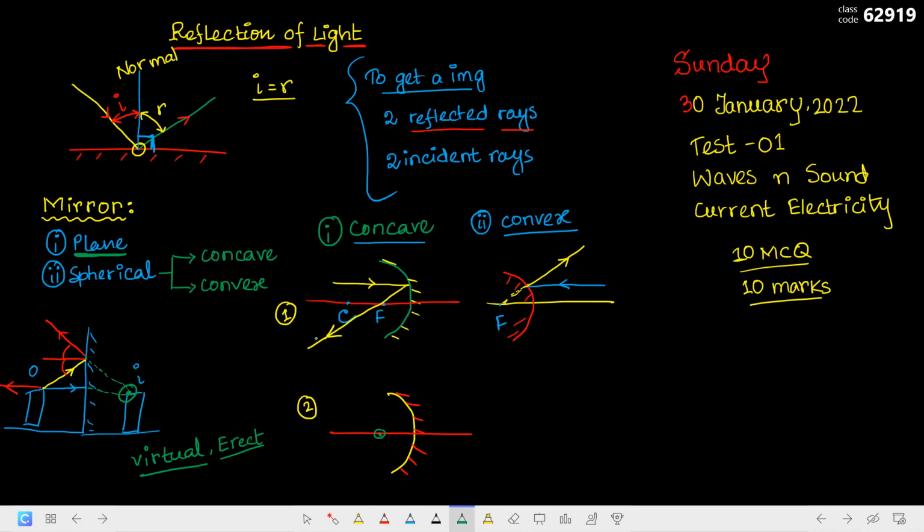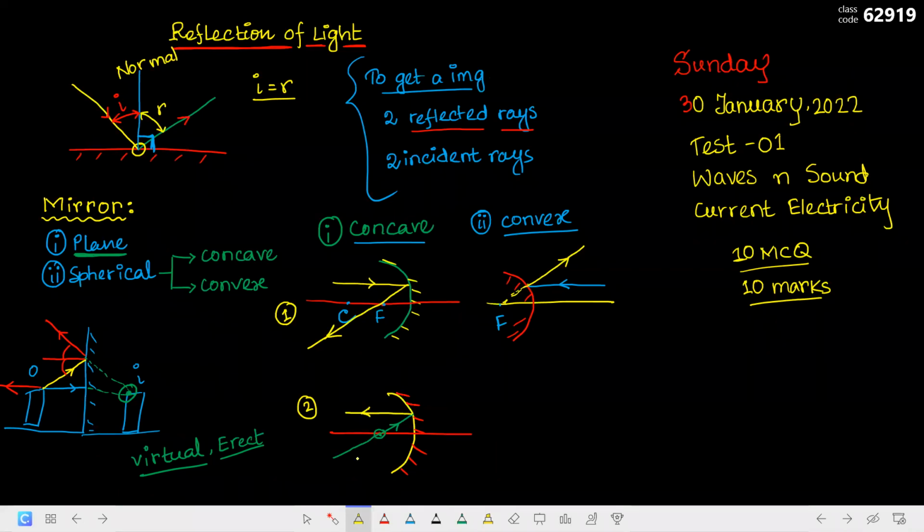Now we will go opposite, ulta. So the light ray will come through the principal focus and then pass parallel to the principal axis.